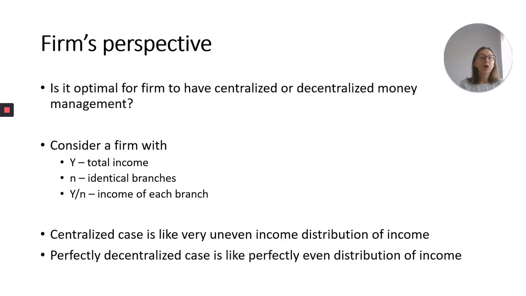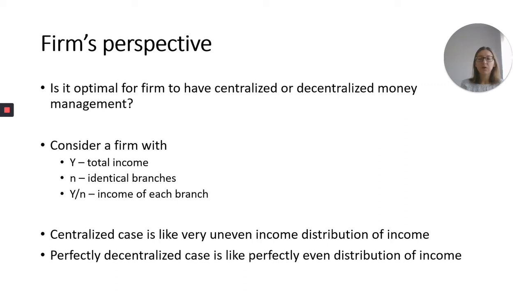Actually, we already had a very similar case when we talked about income distribution. The centralized case would give us the same answer as in the case of uneven income distribution in the country. And the perfectly decentralized case would give us the answer of a perfectly even distribution of income in the country.